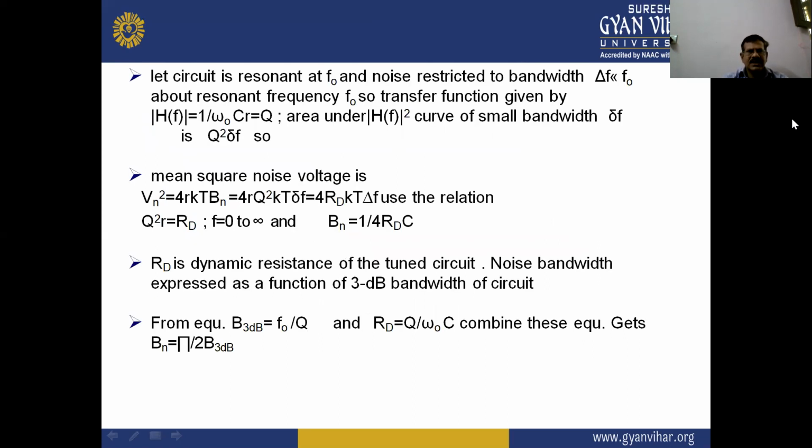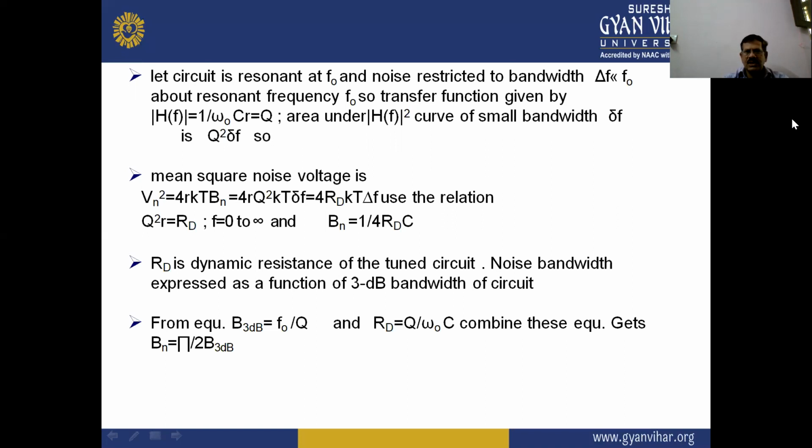So let the circuit be resonant at frequency F naught, and the noise restricted to a bandwidth of delta F, less than F naught, about the resonant frequency F naught.